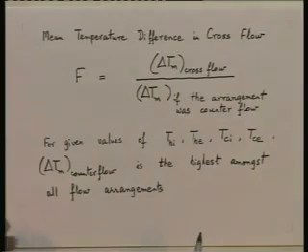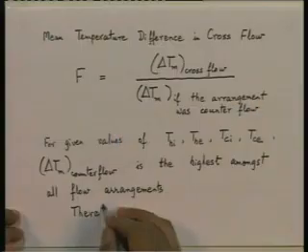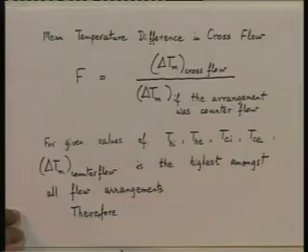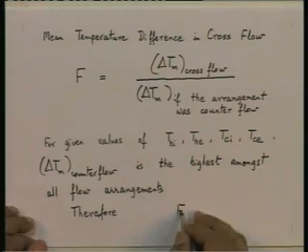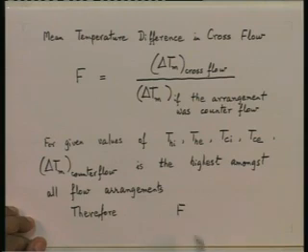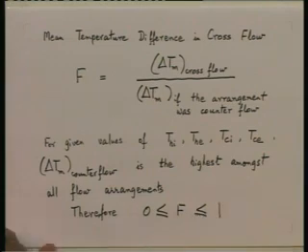Therefore, it follows that since delta Tm in counterflow is always going to be the highest, the correction factor F, which we have defined above, must always be in the range 0 to 1. It must be a number which will range between 0 and 1, 0 less than or equal to F less than or equal to 1, that follows.